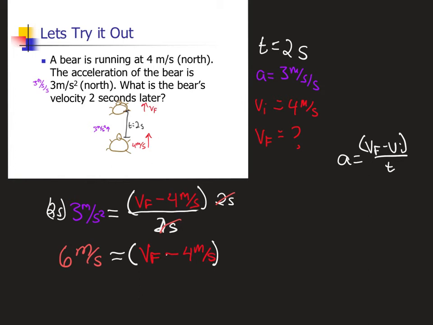Now, when we look at this part of it, we can see that order of operations should be very simple now. To get the v sub f by itself, what am I going to have to do with that minus 4 to get rid of it? So we add 4 to both sides.